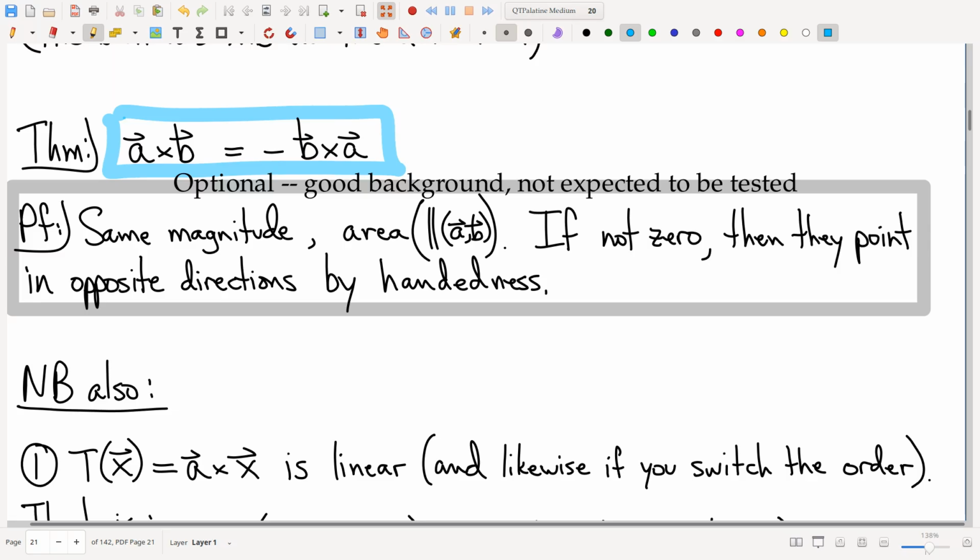Switching the order always exactly gives you a minus sign. So there's a neat feature there, something to make sure to keep in mind. Don't play too fast and loose with the algebra when you're doing cross products. Got to watch out for stuff like this. A lot of people forget that minus sign by just being a little too careless with algebra.